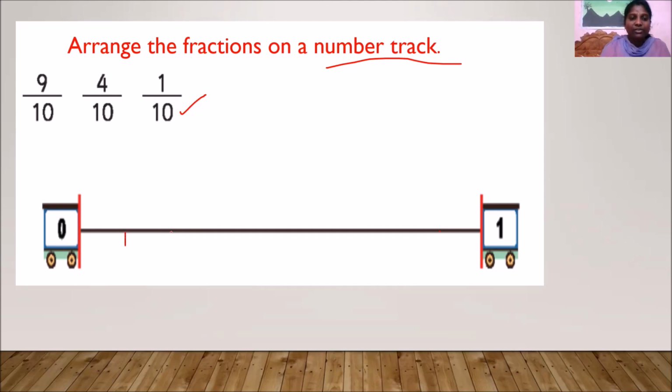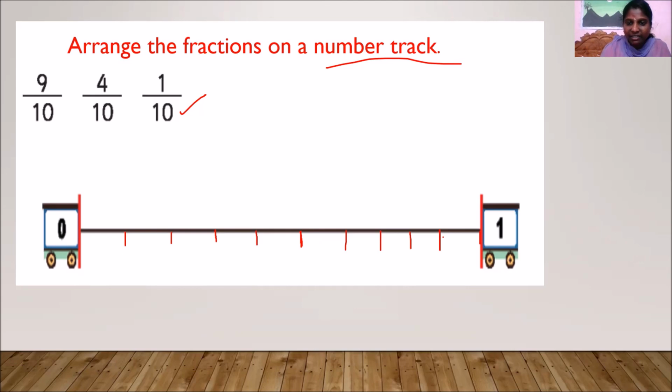1, 2, 3, 4, 5, 6, 7, 8, 9, 10. The fractions start with 1 by 10, 2 by 10, 3 by 10, 4 by 10, 5 by 10, 6 by 10, 7 by 10, 8 by 10, 9 by 10.